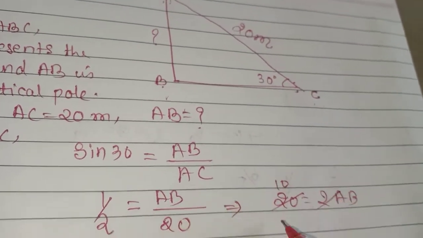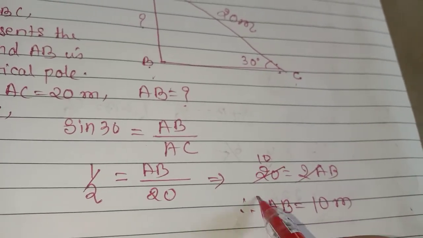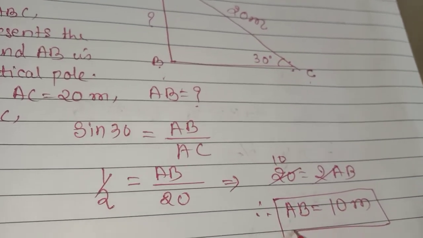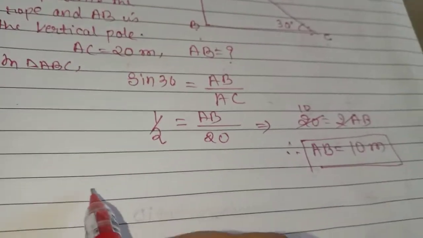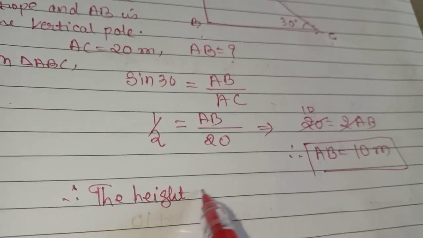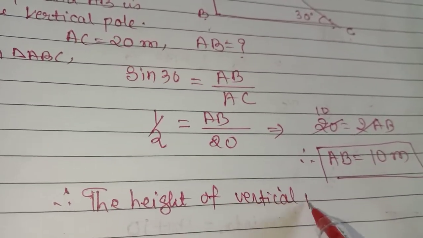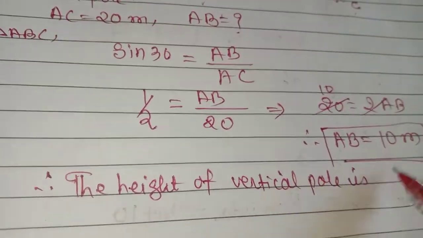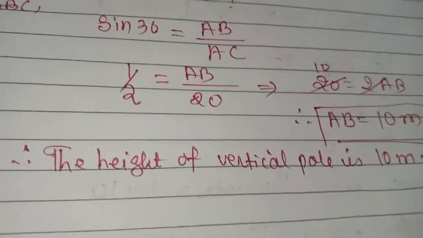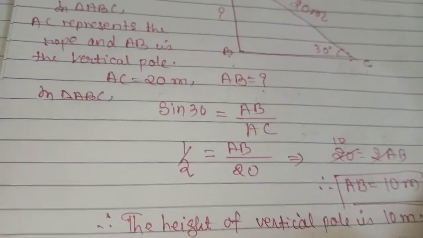So AB is equal to 10 meters. That is our requirement. So we will write, therefore the height of the vertical pole is 10 meter.